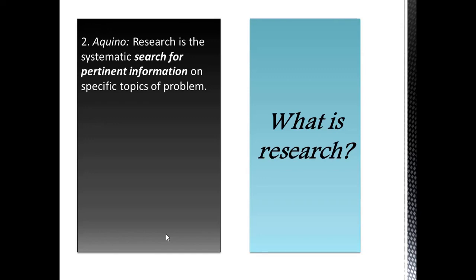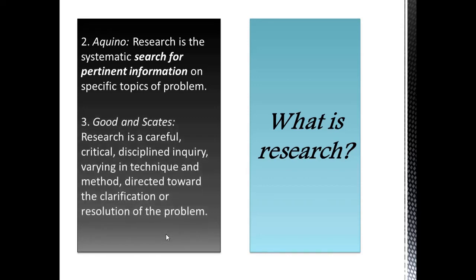So, okay, step number 2, I'll leave it, I'll go to step number 3. It's not like that. Right? So, again, according to Aquino, research is the systematic search for pertinent information. Pertinent, very important, or very necessary, very needed information on specific topics or problems.